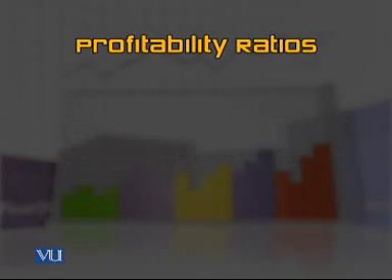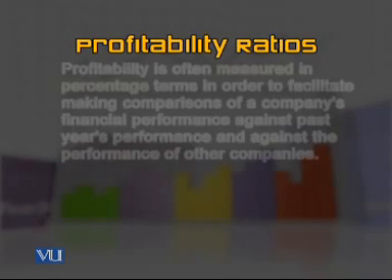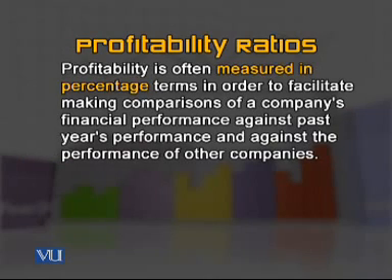But then when talking about profitabilities, we need to talk about profitability ratios. And we measure them in percentage terms in order to facilitate comparisons of a company's financial performance against past years. Then only will we know whether more profit has been made by a company compared to its previous profitabilities, and also in comparison to the rest of the companies in the sector or the industry.